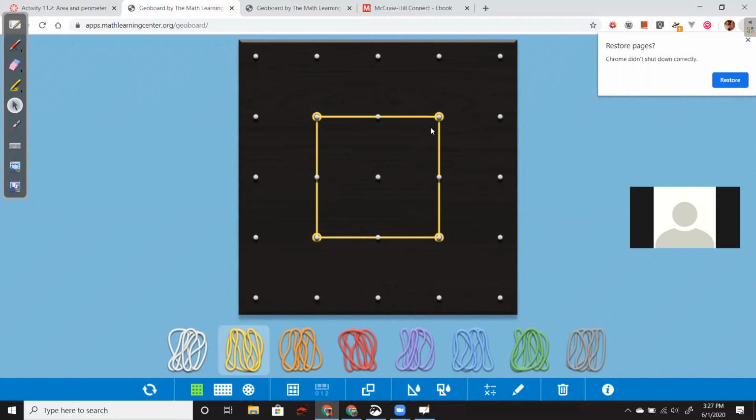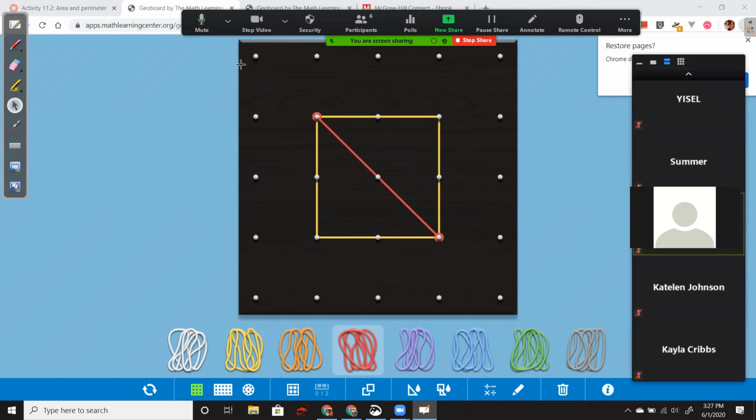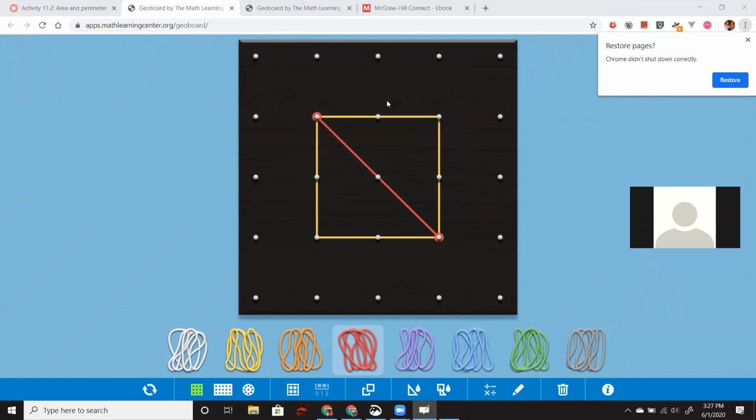So it has a base of 2 and a height of 2. Okay, click versus drag is important here. All right, I'm going to cut this rectangle in half. And so I just want to play with this on my screen for a sec. So screenshot, Geo Board. Page.